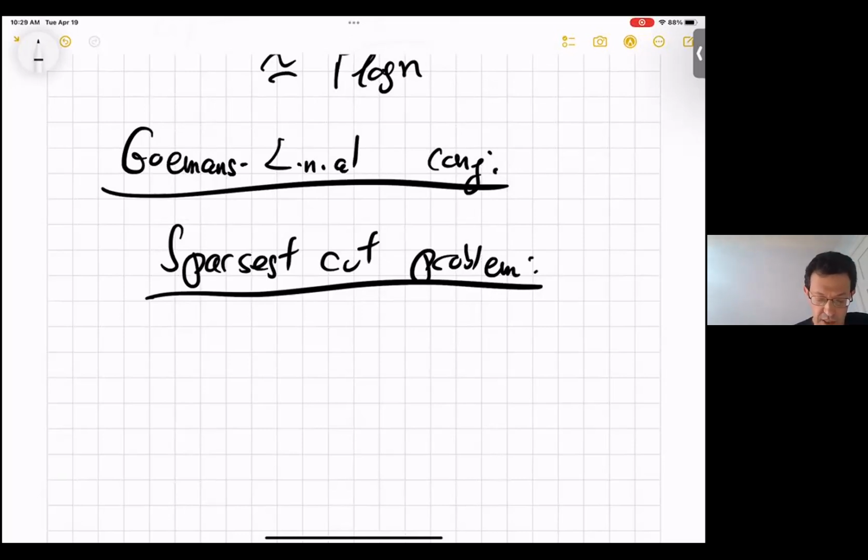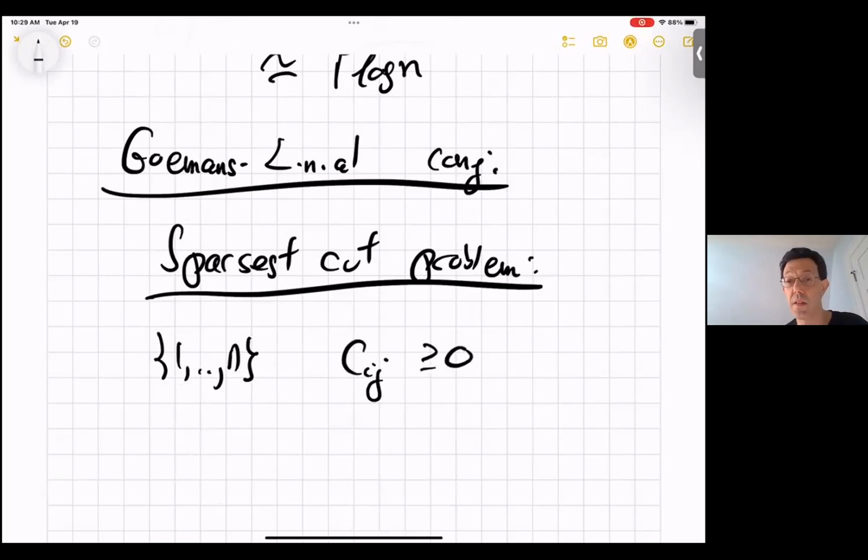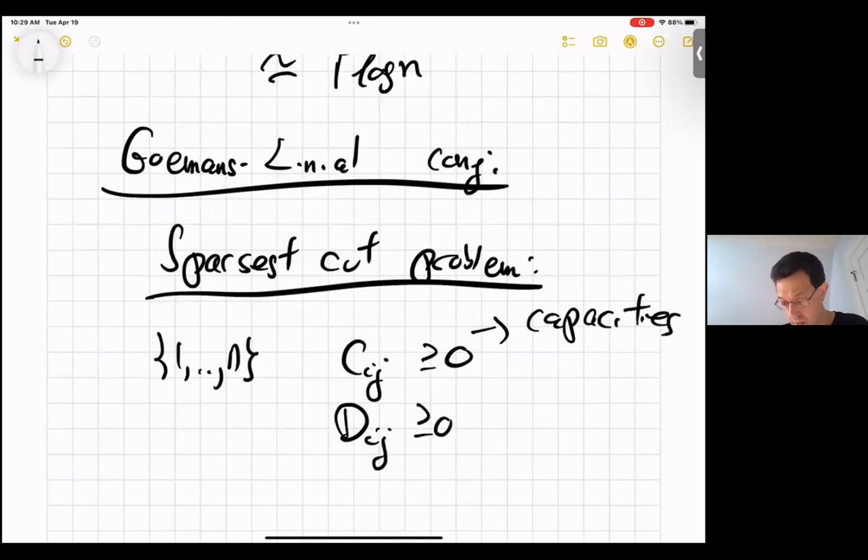So you have some finite set, let's say the numbers 1 to n, and you're given two matrices, C_ij, which is a symmetric matrix with non-negative entries, and D_ij. These are called capacities and these are demands.